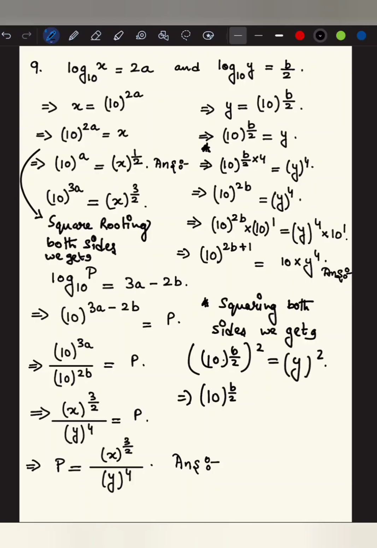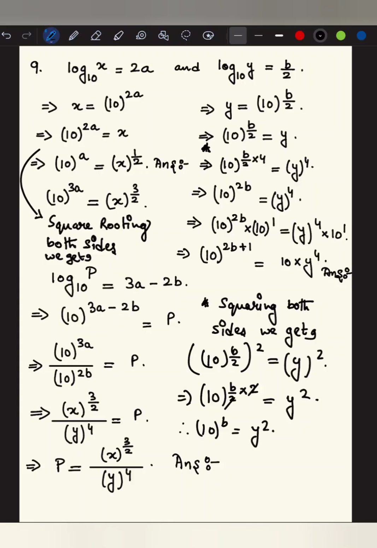See, x to the power m whole to the power n can be written as x to the power m into n. That means 10 to the power b by 2 into 2. This 2 gets cancelled out, is equals to y square. Therefore 10 to the power b comes up to be y square. Understood? So this is what we have done.